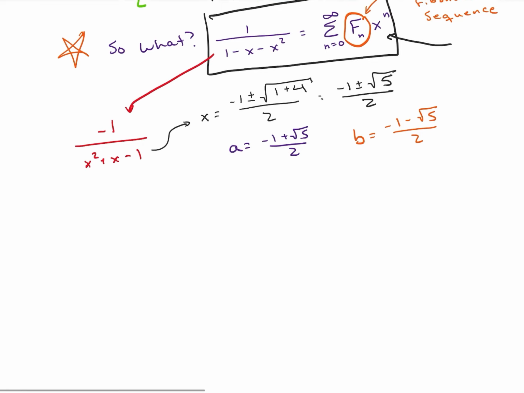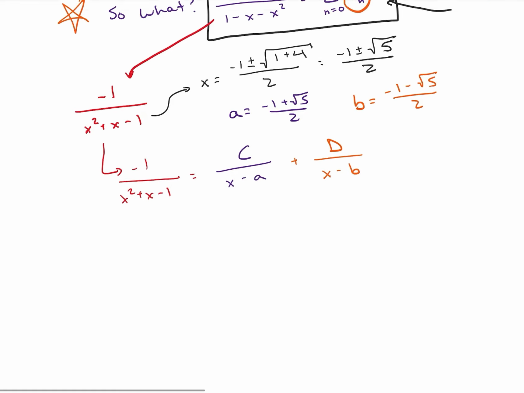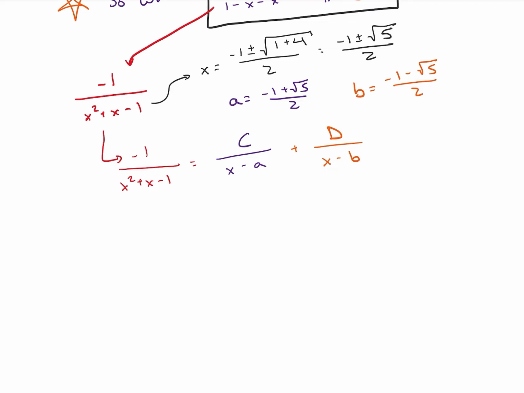Okay, so using partial fraction decomposition, negative 1 divided by x squared plus x minus 1 is going to be equal to something over x minus a plus something over x minus b. I'm going to make these c and d just so I don't have to keep reusing the same letters and confuse people. Now I'm going to go ahead and multiply these through.